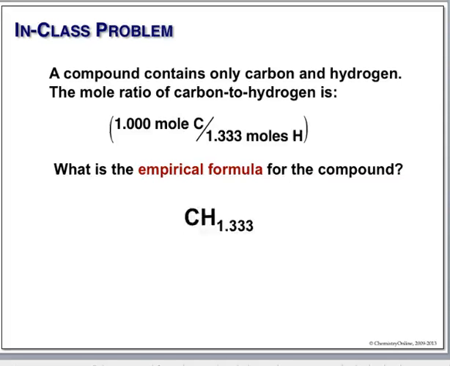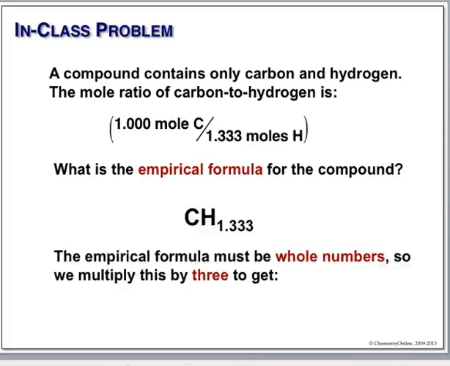How can we do that? If we multiply both of these by 3, what do we get? We get C3H4. When we do analysis, we wind up with a number like this, 1 to 1.33, and then we have to figure out the empirical formula from that.